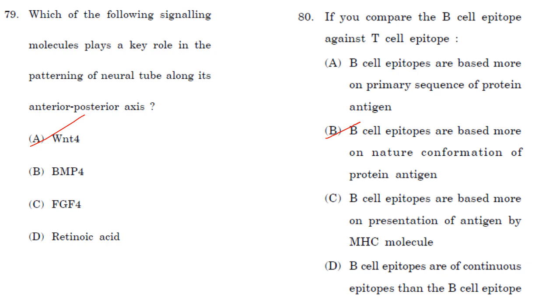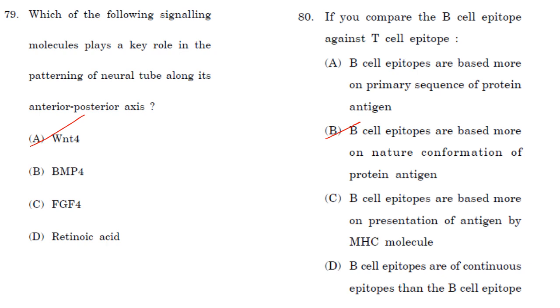Answer is option A. If you compare B cell epitope against a T cell epitope, B cell epitopes are based more on the primary sequence of protein antigen. No, B cell epitopes are based on the native conformation of protein antigen. Yes, that is more correct.